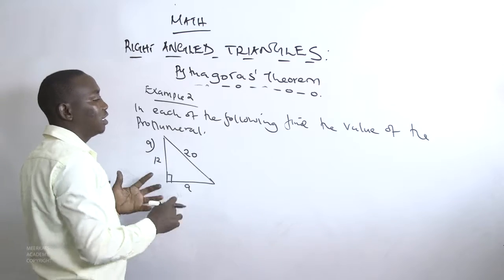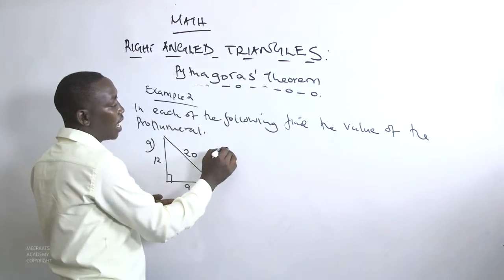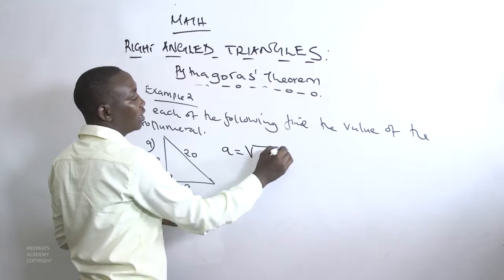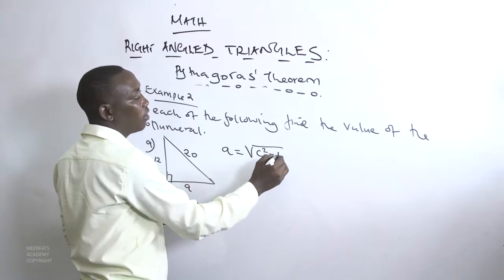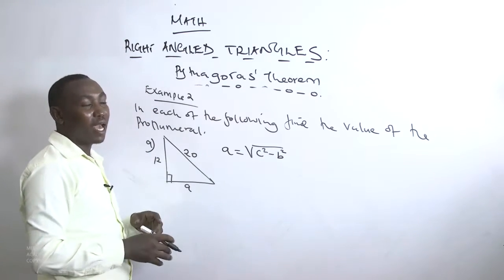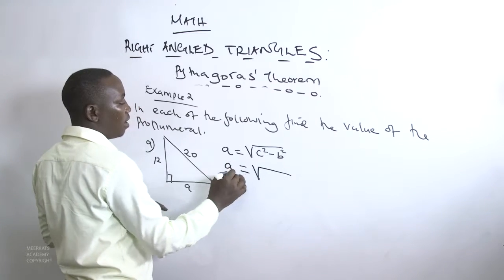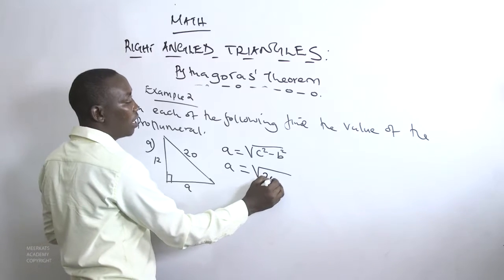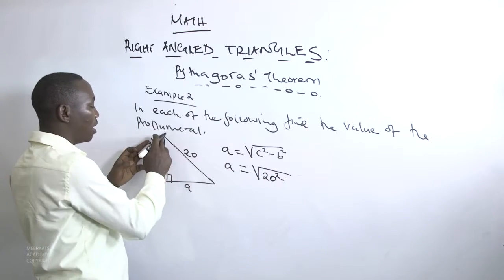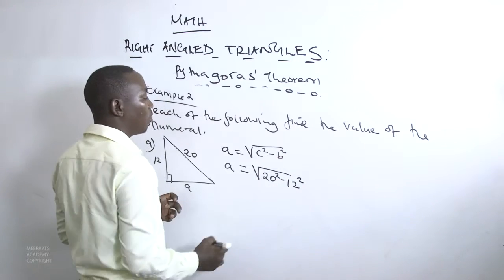We said that using the Pythagoras Theorem, one of the shorter sides in this particular case can be given as the square root of the longer side squared, subtract the square of the other shorter side. So in this case, our A, which is the pronumeral, will be equal to the square root of 20 squared subtract B squared, which in this case is 12 squared.